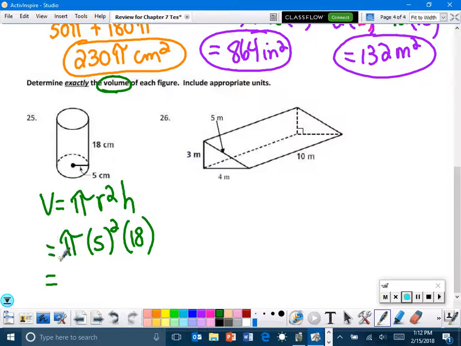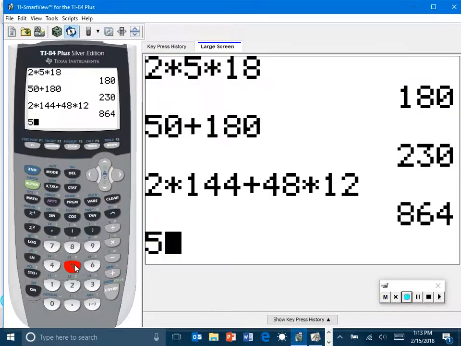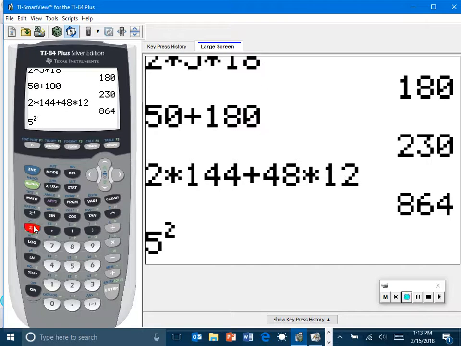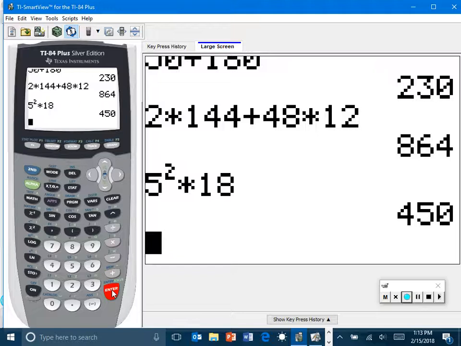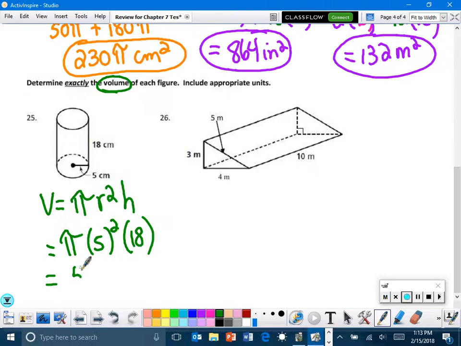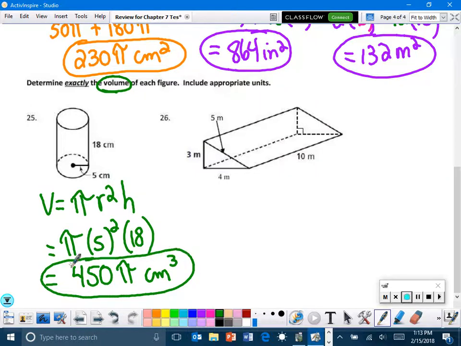Okay, so we're going to type 5 squared times 18 into our calculator. 450. So we write 450 first, followed by the pi symbol. Again, leave pi alone. And then since this is volume, that would be centimeters cubed. Volume is cubic. So 450 pi cubic centimeters.